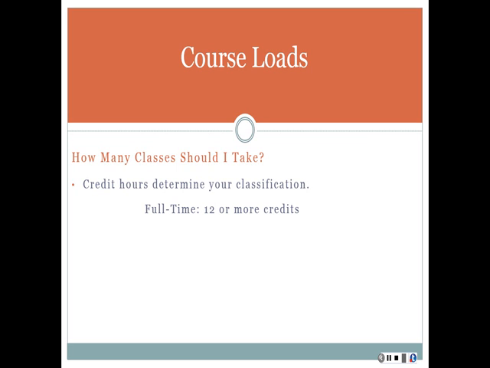You'll have to take 16 hours a semester to get that done if you're taking the traditional fall and spring. So if you're not taking a full course load, it's going to take more than 2 years to finish. 3/4 time is 9 to 11 credits, and half time is 6 to 8 credits. And then, of course, less than half time is 1 to 5 credits. Every little bit helps, though.